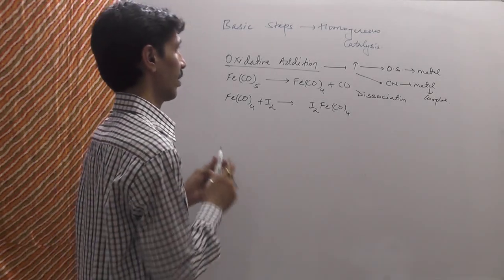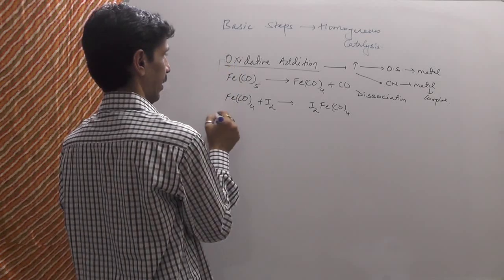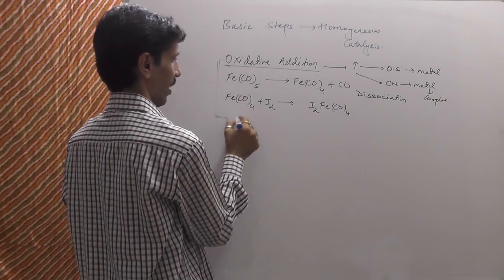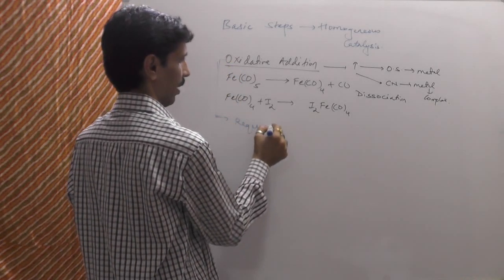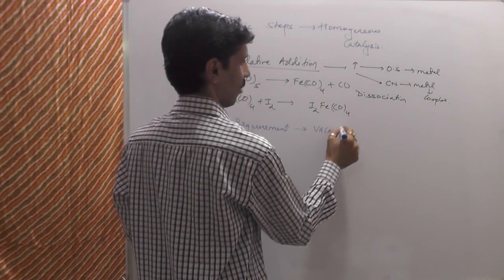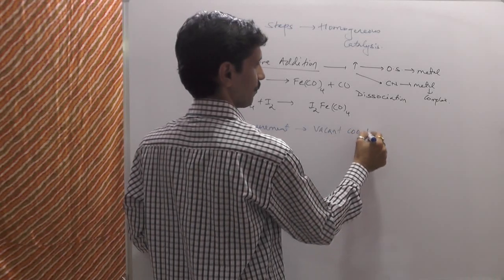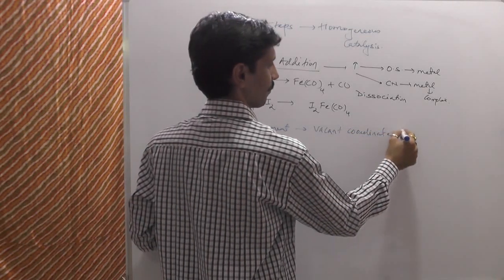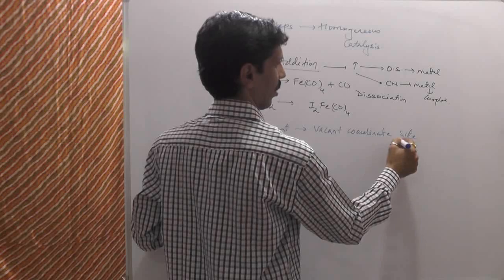Now, we talk about the requirements. What exactly does the oxidative addition method require? The requirement is the presence of a vacant coordination site, obviously on the metal.